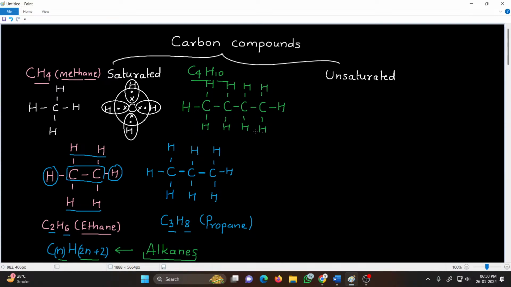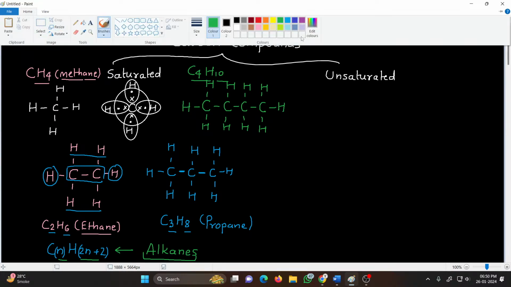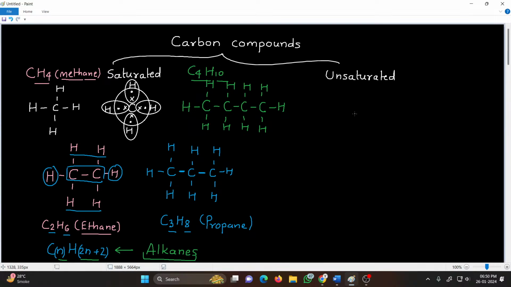Now 2 carbon atoms can even form a double bond between them, and when such multiple bonds are formed between carbon, the compounds are called unsaturated compounds. All these alkanes are called saturated compounds because they have only single bonds between carbon atoms.